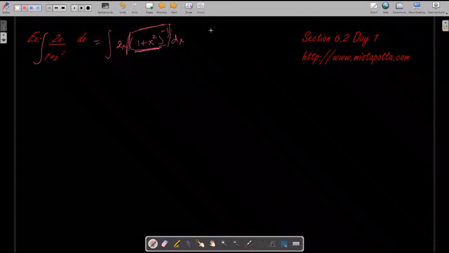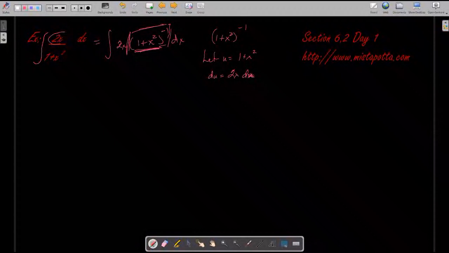So if my composition of functions is 1 plus x squared to the negative 1, I'm going to want to let u be 1 plus x squared. And if I do that, the differential du would be equal to 2x times the differential of x, which I'm lucky I have.